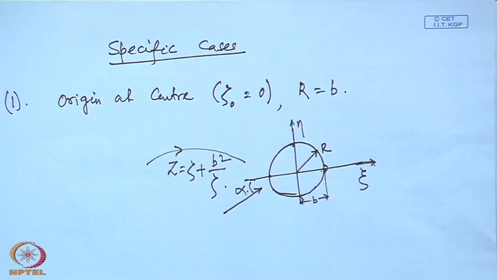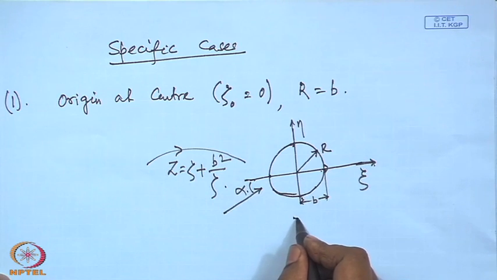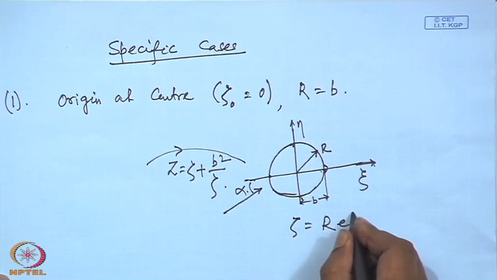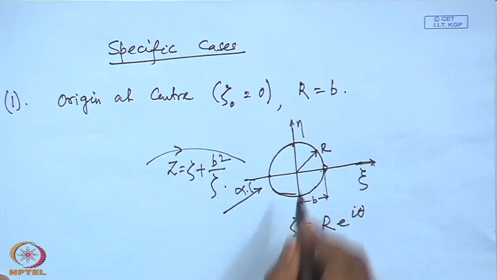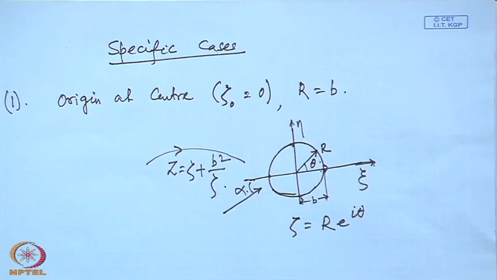But what will be the geometry? So, in this case this zeta is r e to the power I theta, then what is z?